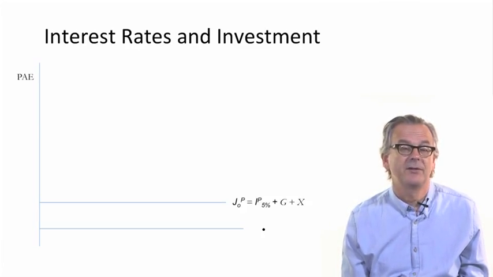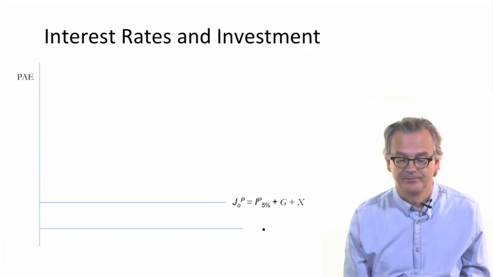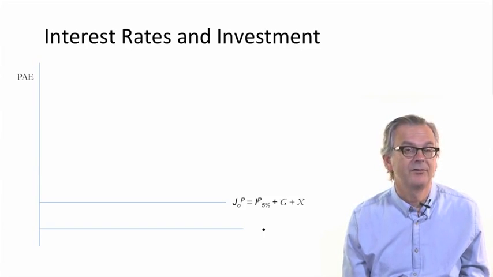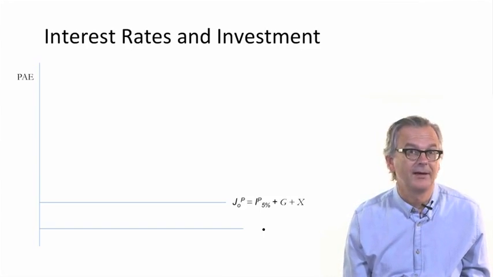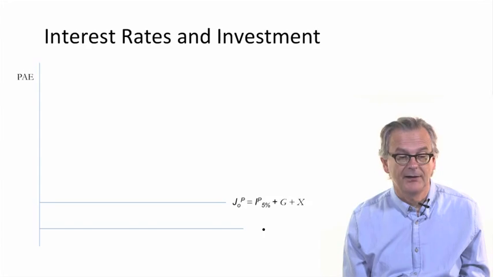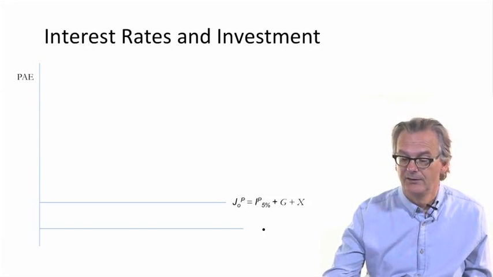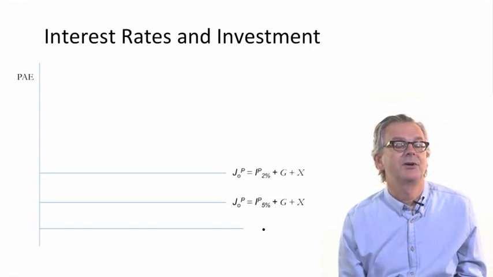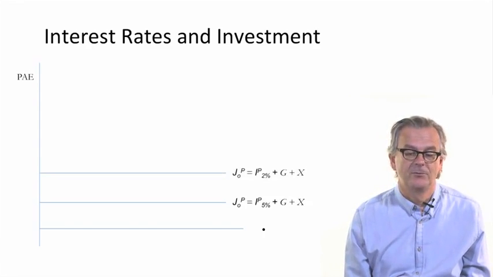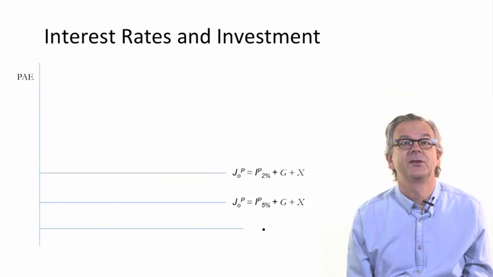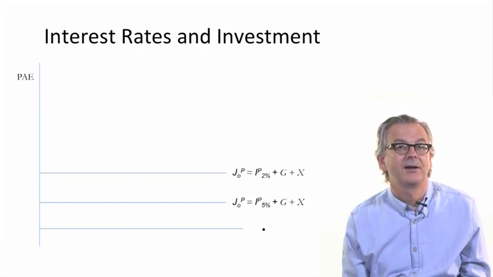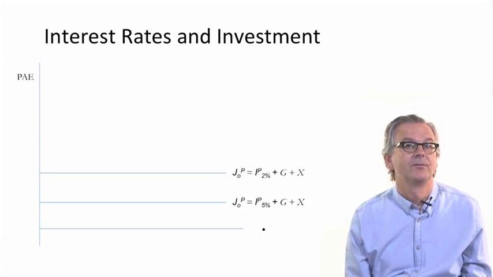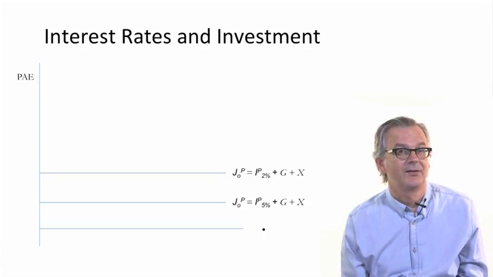You might, for example, have an interest rate of 5%. At an interest rate of 5%, planned injections through planned investment are as shown on this slide. If monetary policy actions are taken which reduce the interest rate from 5% to 2%, then that might encourage firms to increase their planned investment.